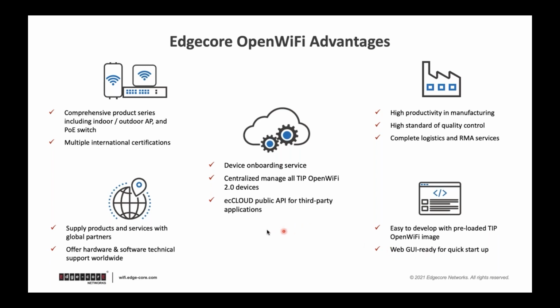And we would like to share the biggest advantage that we can provide with ecCLOUD and the TIP OpenWiFi integration. From our experience, we found that many customers have trouble, for example, provisioning their devices to their own cloud, or upgrading their devices with their customized software.